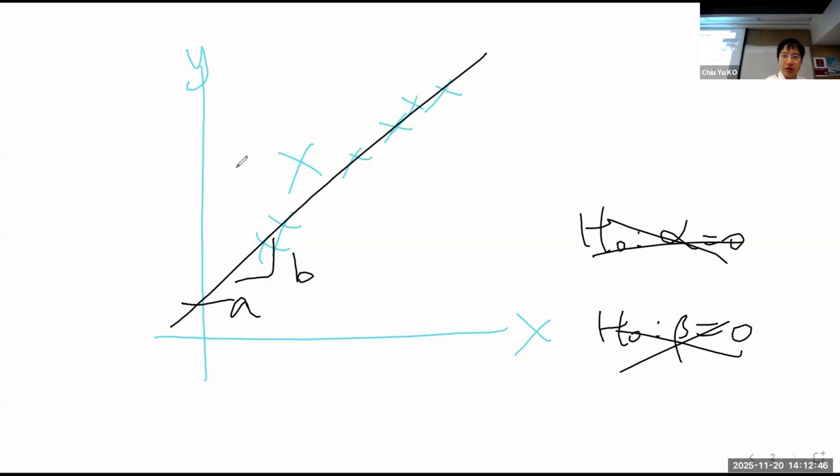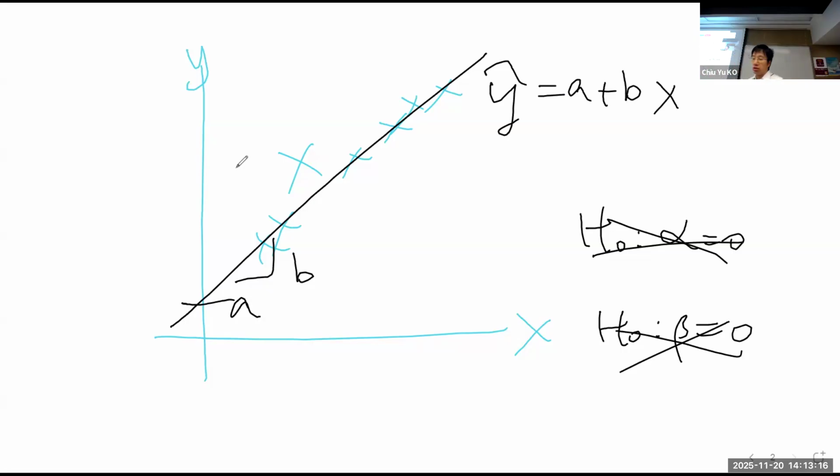So we have a model now, Y hat equal to A plus B X. We're happy to say this is a good model, and we say when X increases by 1, on average Y increases by B, and when X is 0, on average Y is equal to A. But that's not done yet, because this model is only a point estimate.